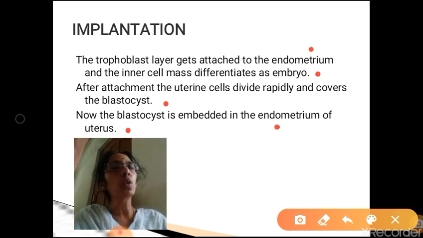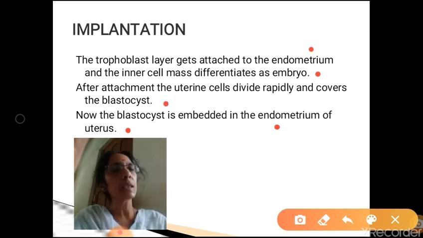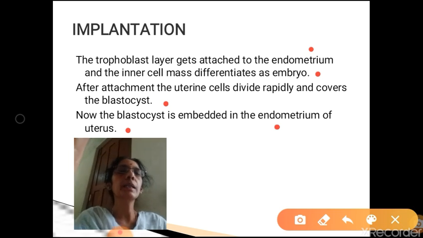Then it will totally cover the blastocyst. As a result, the blastocyst is embedded or totally attached with the endometrium of the uterus. This process is called implantation.